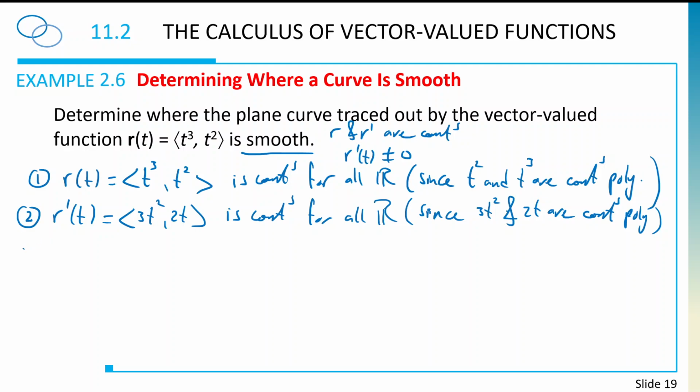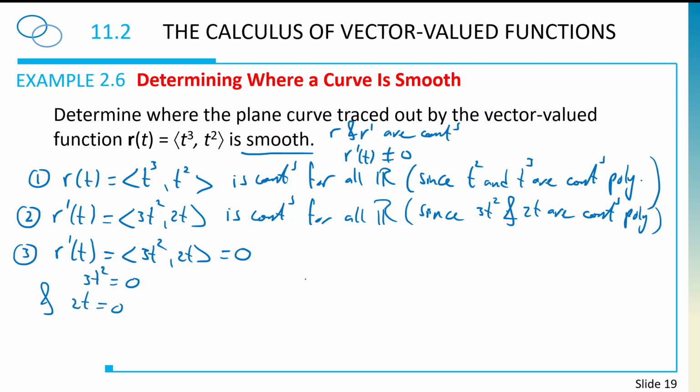Now the only part left for me is just to show that r prime does not equal to 0, except for specific values. So let's see, when does r prime equal 0? If I think about r prime of t equals 3t squared and 2t, this is supposed to be equal to 0. So that means that both components should be equal to 0. So 3t squared equals 0 and 2t equals 0 in order to get the zero vector at (0, 0).